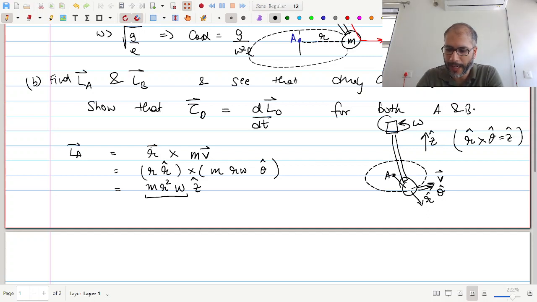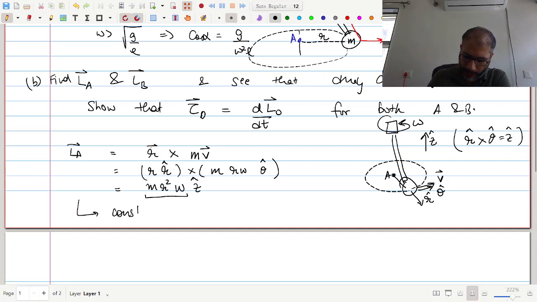The way z hat vector is defined, it's always pointing up, so it also remains. So we can say that LA is constant both in magnitude and direction.